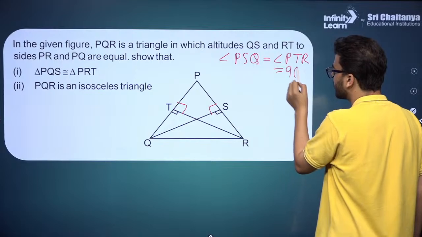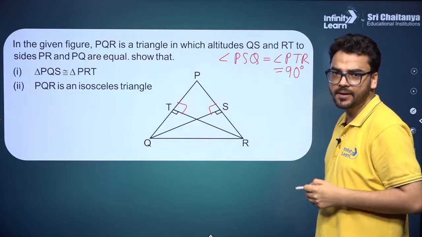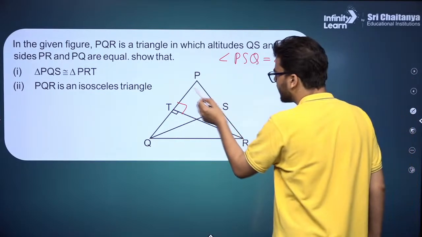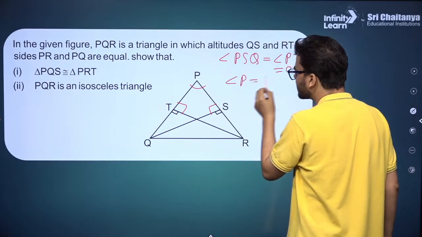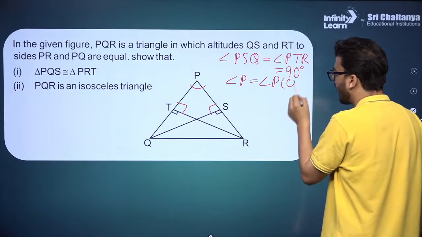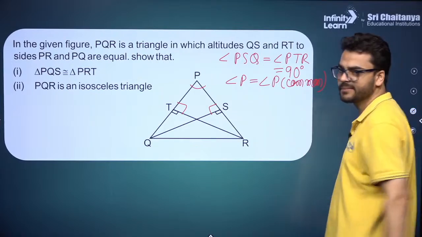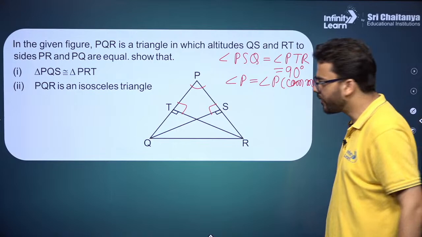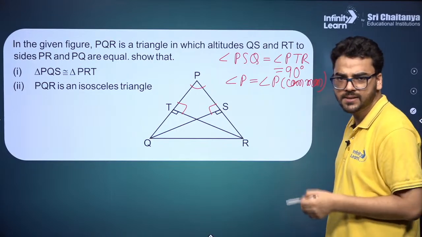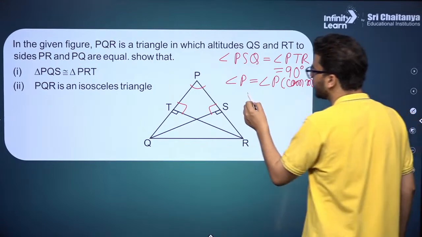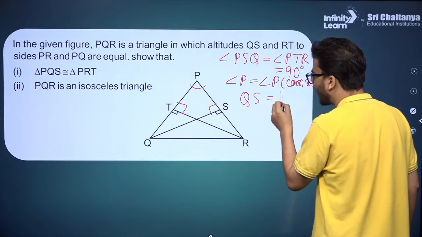That is correct according to the given question. And we can also say that angle P is equal to angle P, it is common. And it is also given in the question that QS is equal to RT.